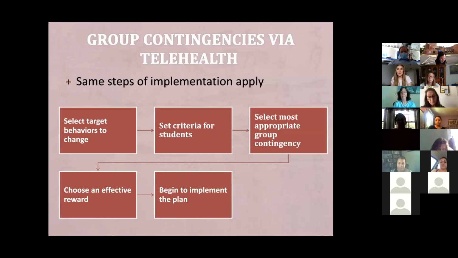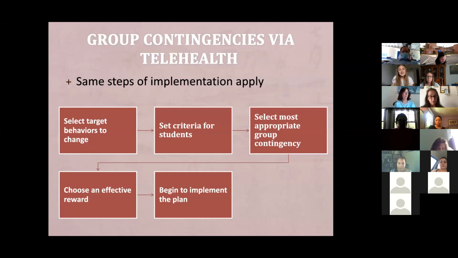And being that everything is digital now, it might be a dependent or independent group contingency. Maybe you're having an issue with all of your students not handing their homework in on time, or Zooming into class on time. So any of the group contingencies can apply to the telehealth-based platform.